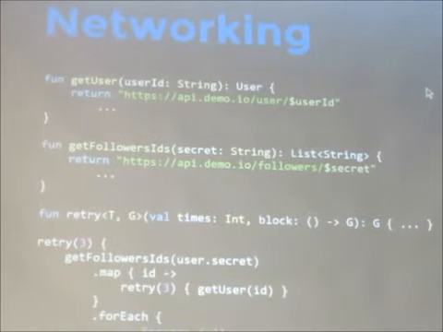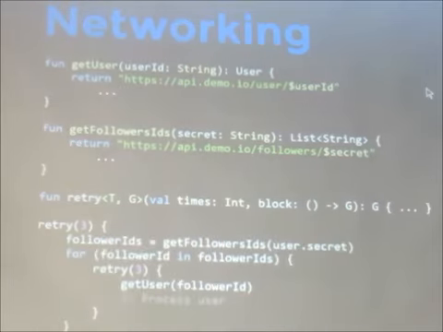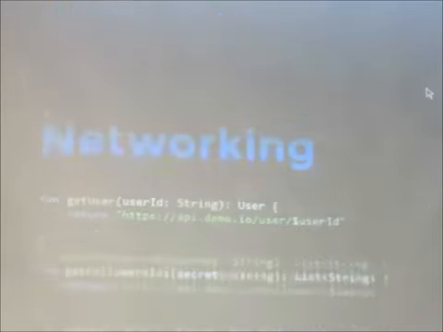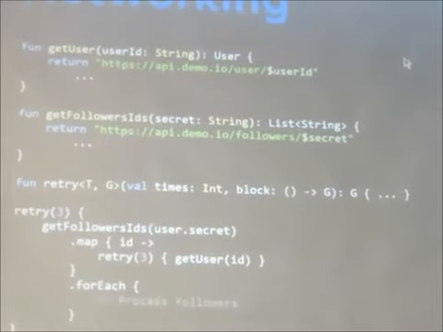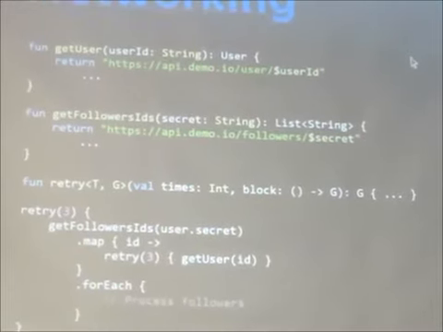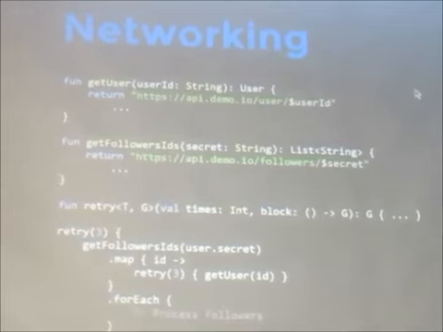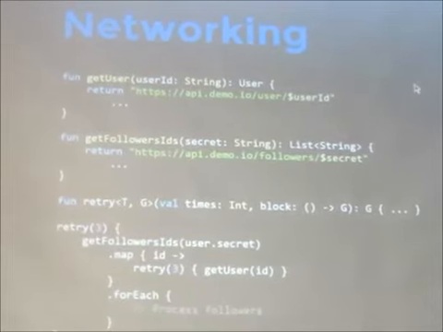We can make this better. Using higher order functions, we don't need to have this for loop running there. We can instead turn that into a map. And then for each one of those elements in the follower ID, we can make the API call, retry within that, and then once all of the followers have been processed, we can then do whatever we need to do after.